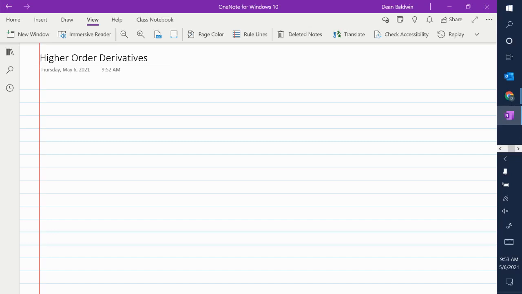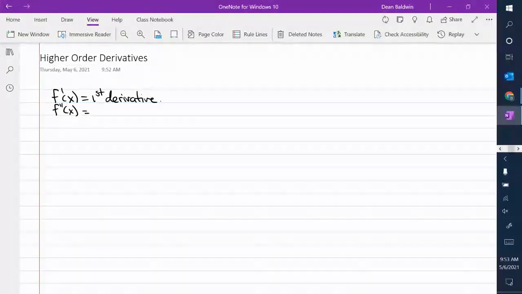So we have f prime of x, which is the first derivative. Then you can write f double prime, which would be the second derivative, which means you just take the derivative of the derivative.